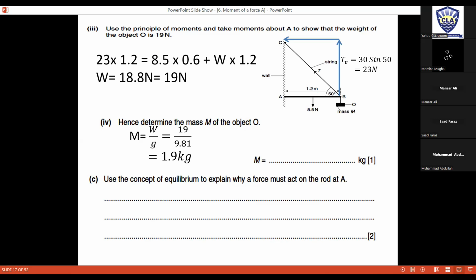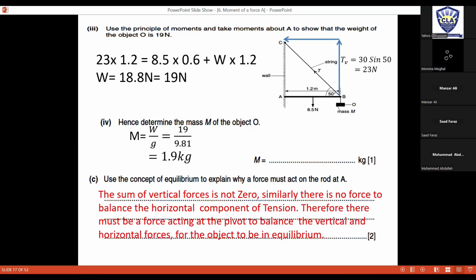But since the forces are not balanced, we have to consider that force which is acting at A so that vertical and horizontal forces are balanced. The sum of vertical forces is not zero. Similarly, there is no force to balance the horizontal component of tension. Therefore, there must be a force acting at the pivot to balance the vertical and horizontal forces. So this is a very typical answer for why there must be a force acting at the pivot to balance the object.